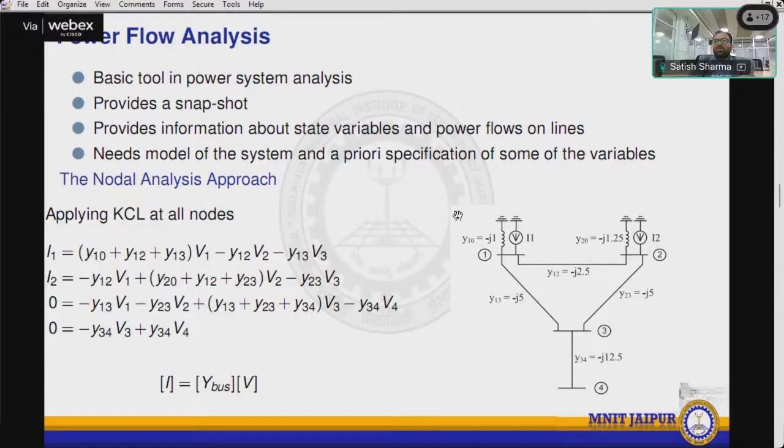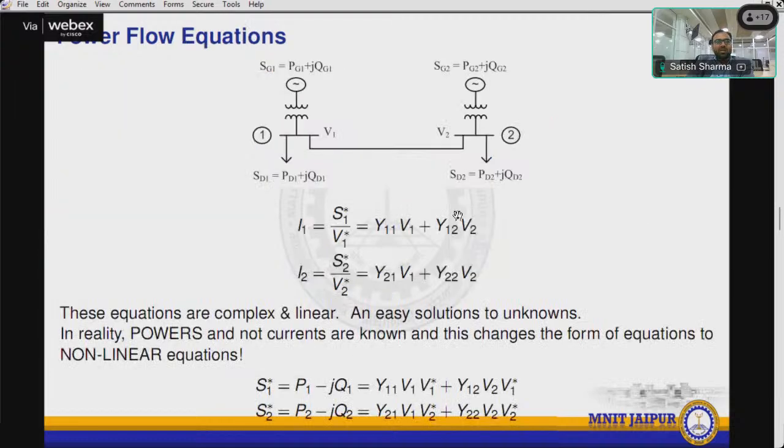In matrix form, at the bottom, we have I equals Y bus into V. Similarly, for a two bus system, I1 equals Y11 V1 plus Y12 V2, and I2 equals Y21 V1 plus Y22 V2.